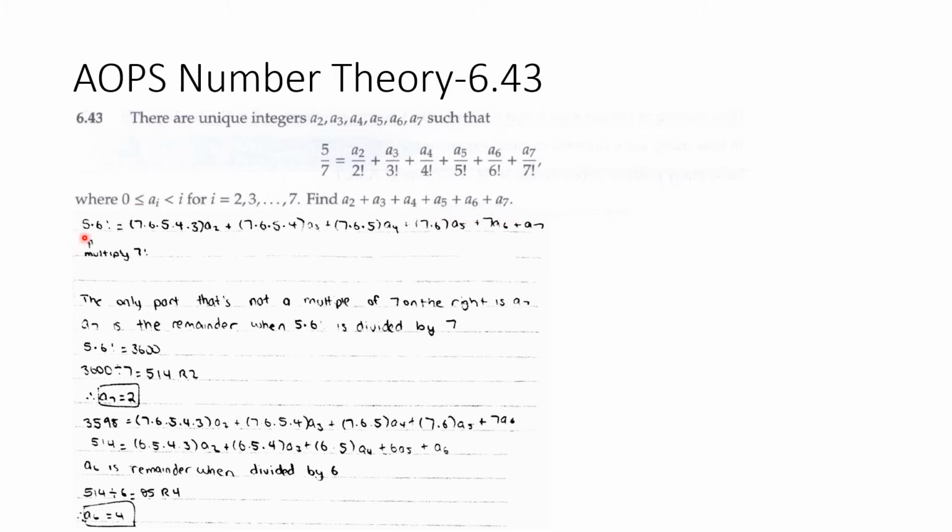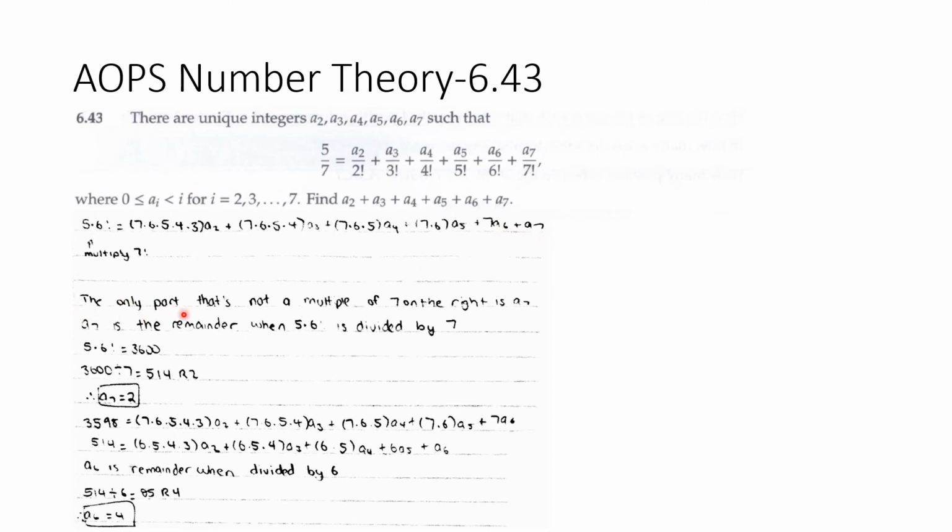So first we multiply factorial 7 on both sides of this equation to get 5 times factorial 6 is equal to 7 times 6 times 5 times 4 times 3 a2 plus 7 times 6 times 5 times 4 a3, and all the way to 7a6 plus a7.